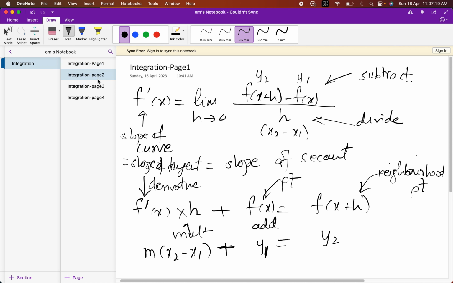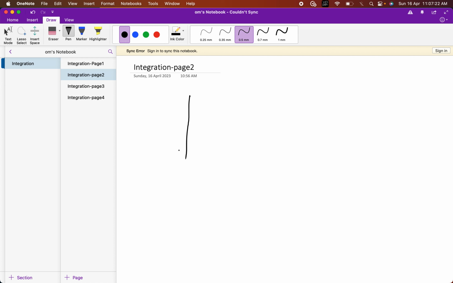Let's find out. Say for example, I am thinking of any nonlinear function, and say this is the derivative function. Then I know f dash x at a given x, I know the slope.